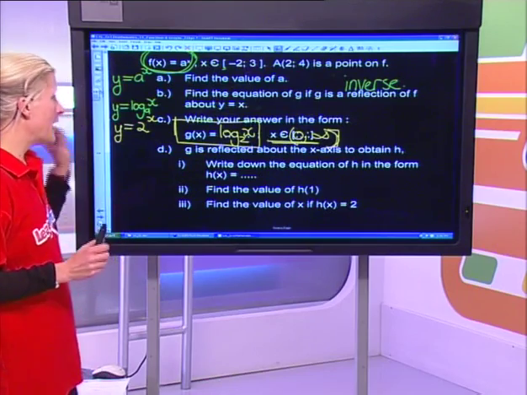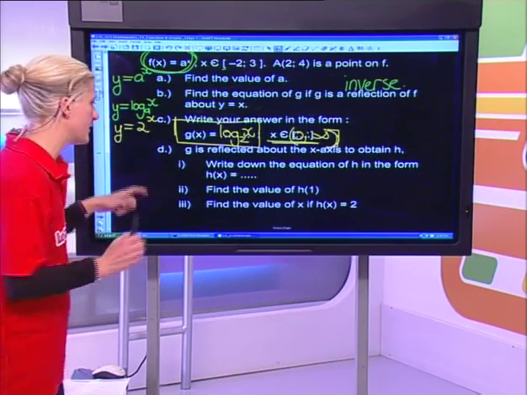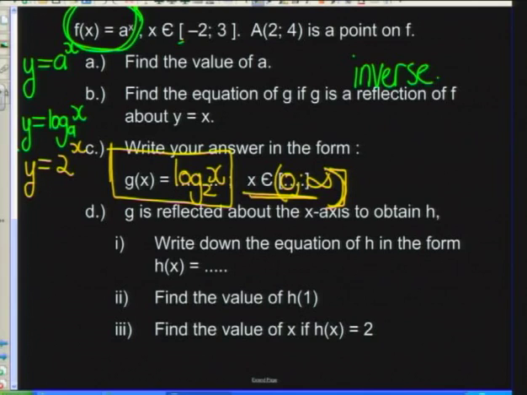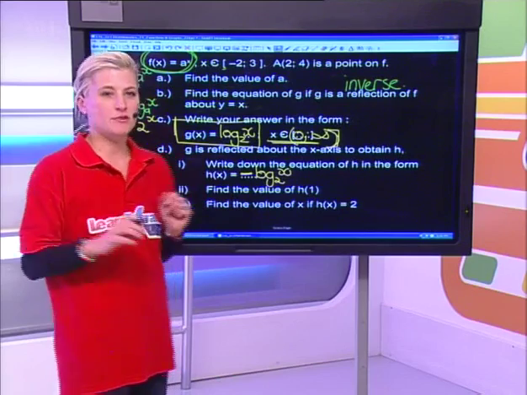So, now I need to give the equation of this line. So basically what I'm doing is I'm putting a minus in on the left-hand side here. But because we want our graph in the form y equals, the minus now goes there. So that's minus log to the base 2 of x. Right, so we just keep on reflecting our graph.